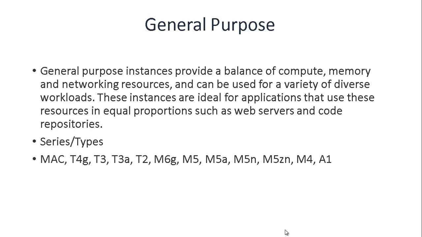First is the general purpose family. And what is general purpose? General purpose instances provide a balance of compute, memory and networking resources, and can be used for a variety of diverse workloads. These instances are ideal for applications that use these resources in equal proportion, such as web servers and code repositories.